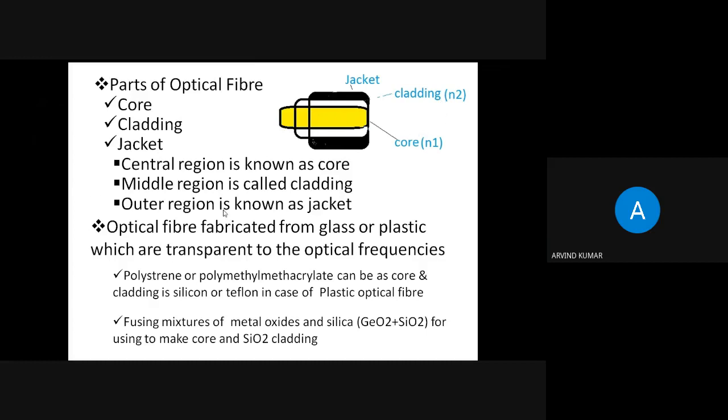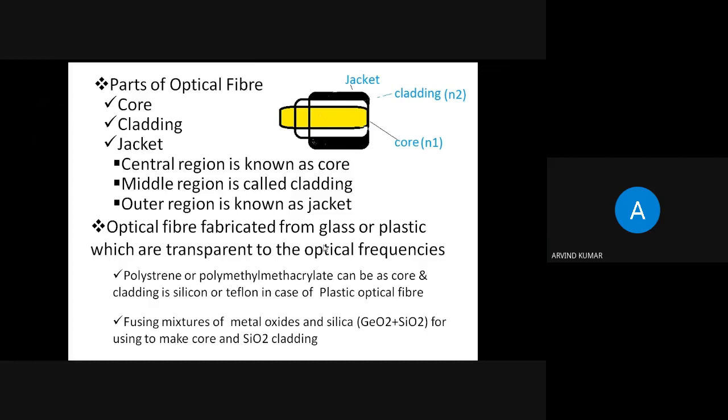Now, for example, when we fabricate the optical fiber, we will make use of glass or plastic, and the core material must be transparent to the optical frequencies.